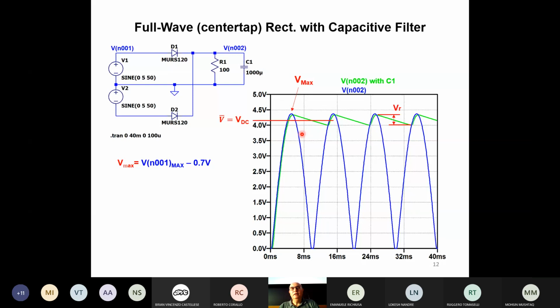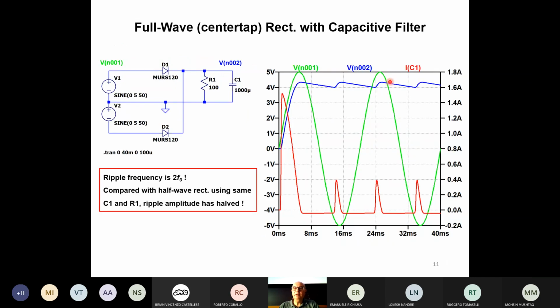The blue line is the voltage after the diode if we don't have the capacitor. We know that the input voltage is at node 1, which is not in this graph, and it goes up to 5 volts. The blue graph instead is the voltage on node 2 without the capacitor, and the green line is the voltage with the capacitor. Sorry for changing the color.